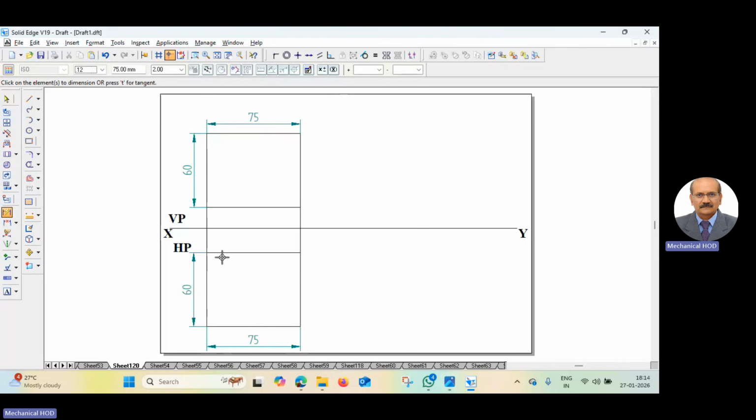Front view we see 75 by 40 and top view 75 by 60. Here we will see only 75 by 40, not 60. So I'll reduce it by another 20 mm. In the front view, we see 75 by 40 only.